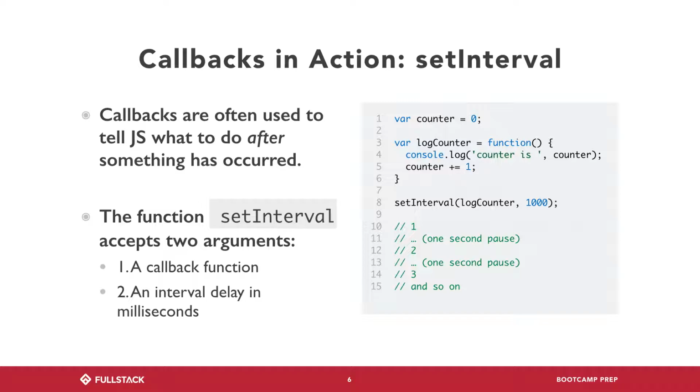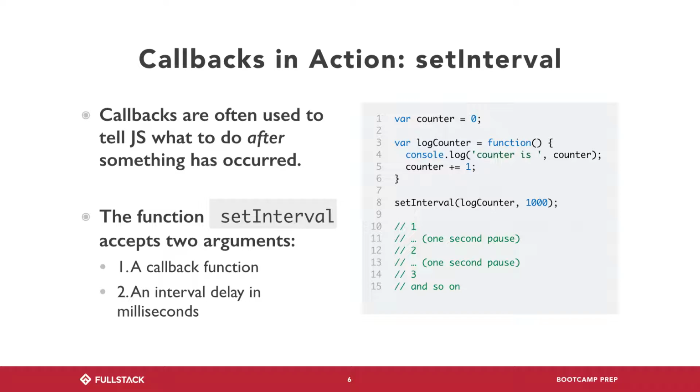Just assume you have it. It takes in 2 arguments. The first argument will be a function, and the second will be a number. What it really does is execute the first argument every number of milliseconds you give it as the second argument.